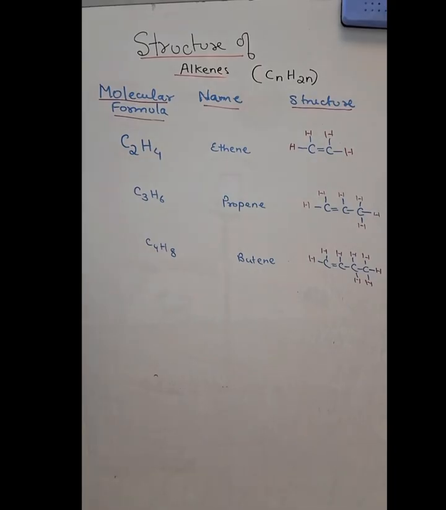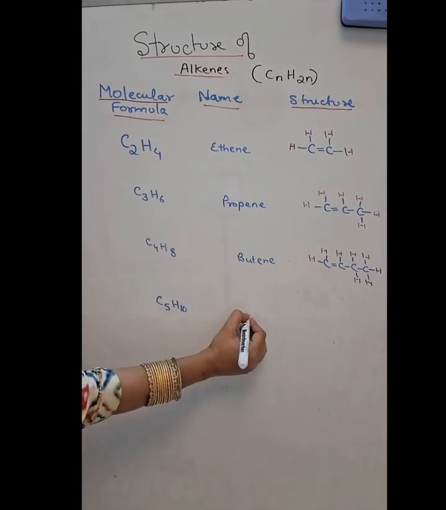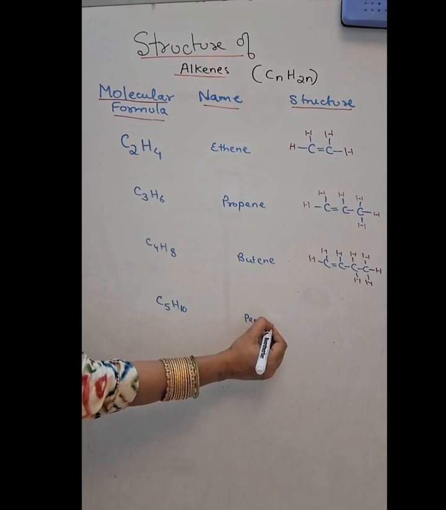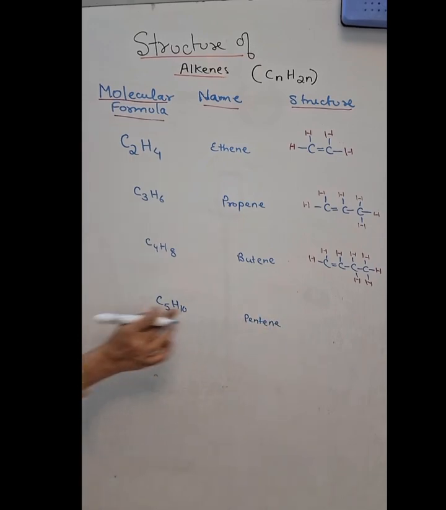After this, the fourth member is C5H10, just double of carbon. Now its name is pentene. Pent because 5 carbons, and ene because it is an alkene.